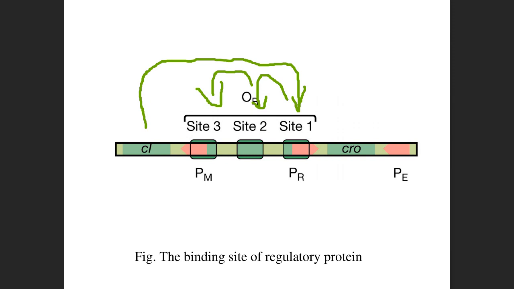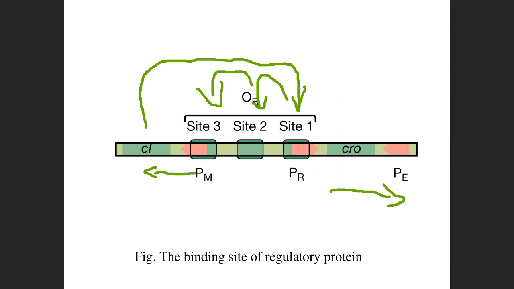You see this gets transcribed and the protein comes here and then stops. This is the site that would produce the protein for the lytic cycle, so this will be the lytic, and so lysis.